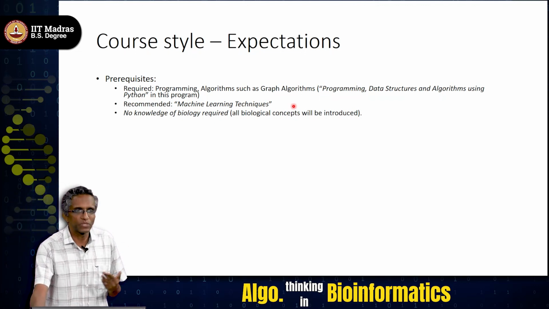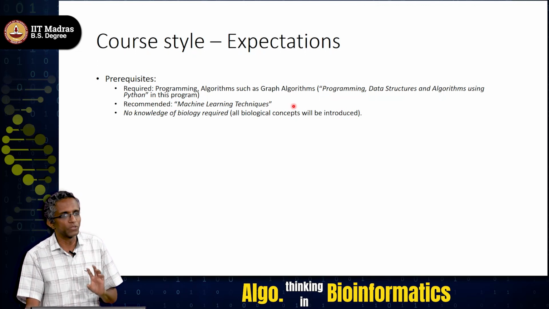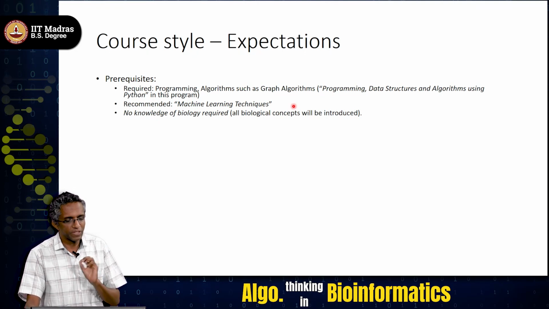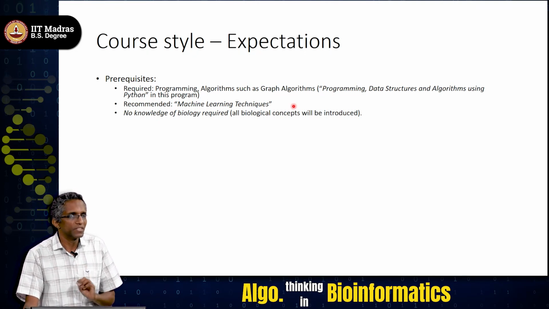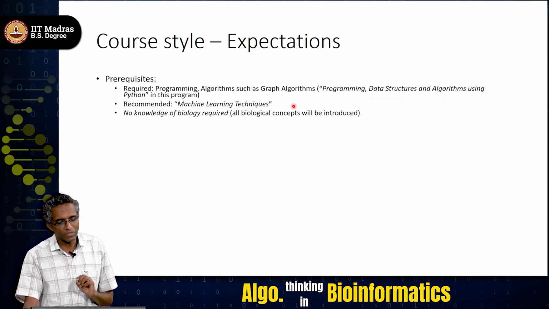Some of the questions that we will address will refer to using machine learning models, but mostly it will be about algorithms such as graph algorithms, algorithms on strings or algorithms on trees. But some machine learning techniques like clustering will also be looked at. So the majority would be combinatorial algorithms on graphs, strings and trees, and the others will be machine learning techniques such as clustering and related algorithms.